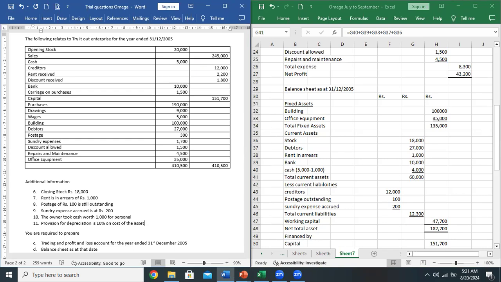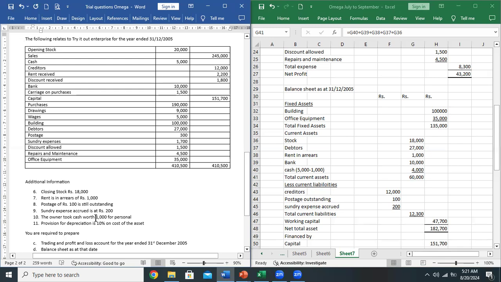As you see this, the principle is that you first need to calculate the depreciation. If it is 10% on cost, then we look for the assets. Every fixed asset you see, you have to calculate that depreciation on.